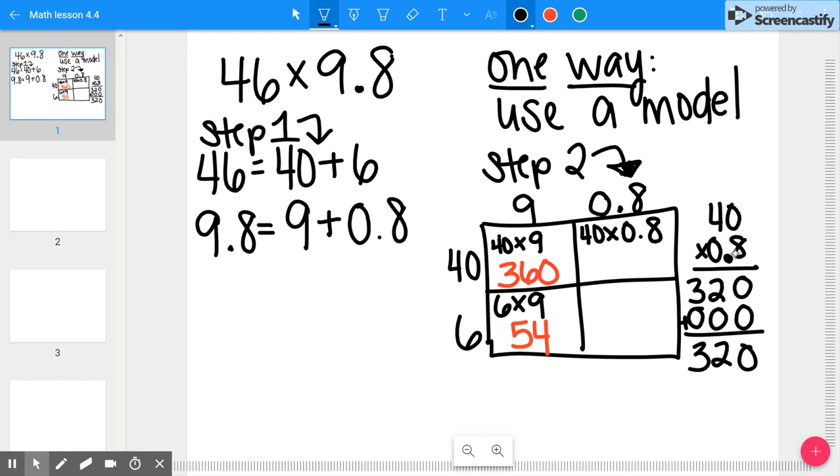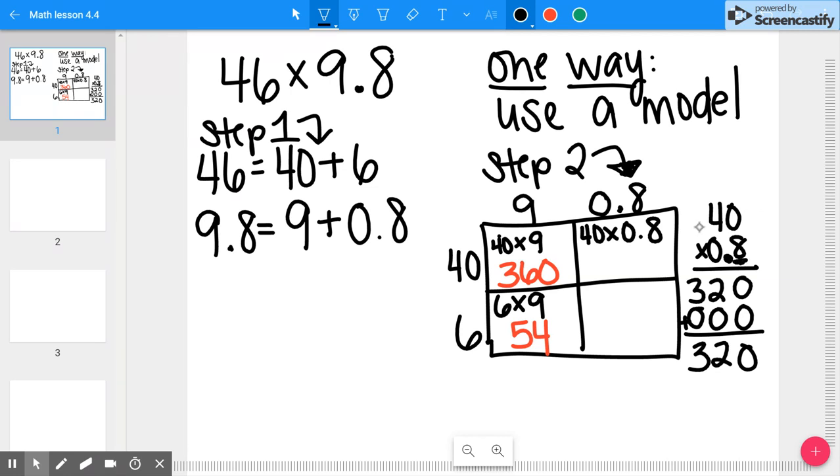But I have a decimal point here. So remember what I said about the decimal point. When you have a decimal point in your product, as one of your factors, you need to count how many place values are behind that decimal point. So I like to draw a line underneath each place value that's after the decimal point. So I know that there's one place value, one number after the decimal point in this factor.